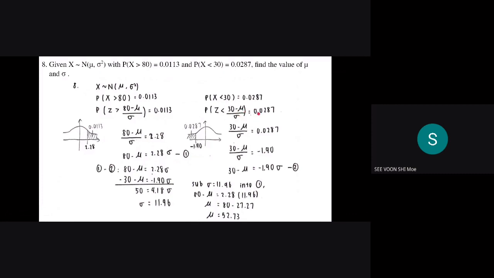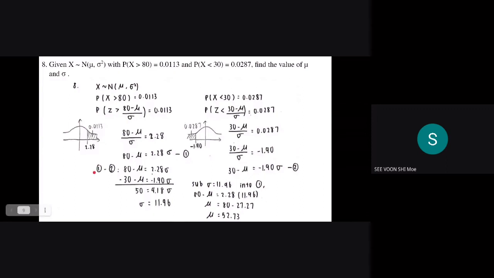Then is equal to 0.0287. So we need to find this number from the table. So we know the number is 1.90 and located at the graph. So the value is negative. So we convert this equation to equation 2.